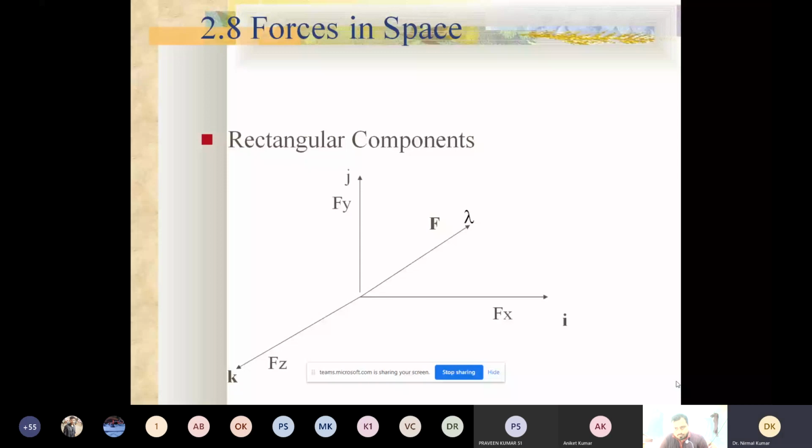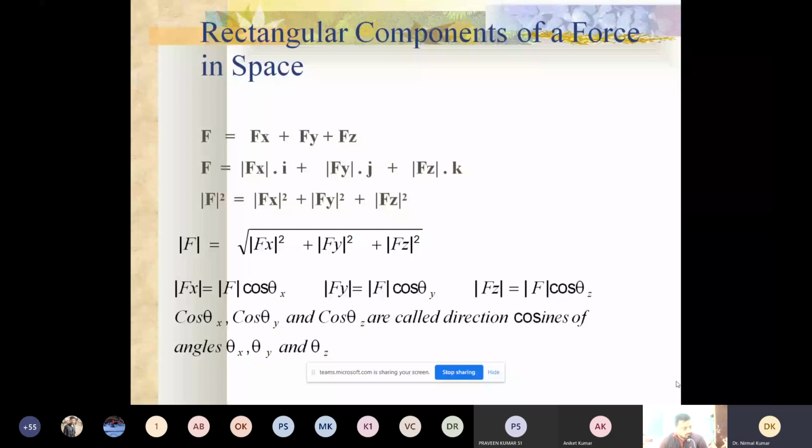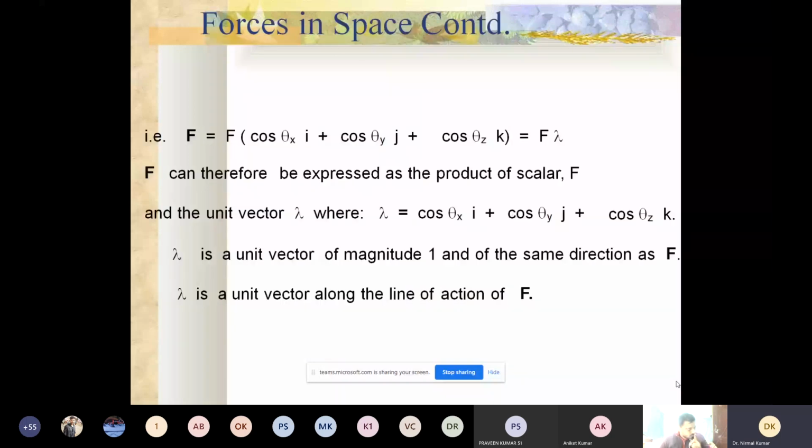Cos theta x, cos theta y, cos theta z are nothing but the direction cosines of angles theta x, theta y and theta z. And here the force will be written as F times (cos theta x, cos theta y, cos theta z). You have studied geometry, the square of this will be 1.